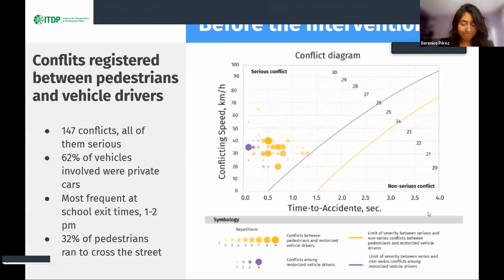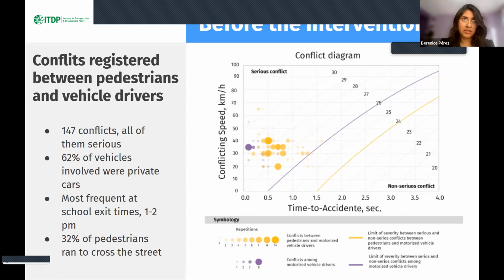So what happened? In our first analysis, we identified 147 conflicts between pedestrians and vehicles, of which 10 were serious. This diagram tells us about the severity of the traffic conflicts observed.